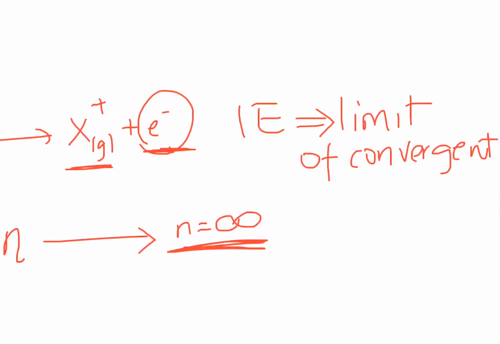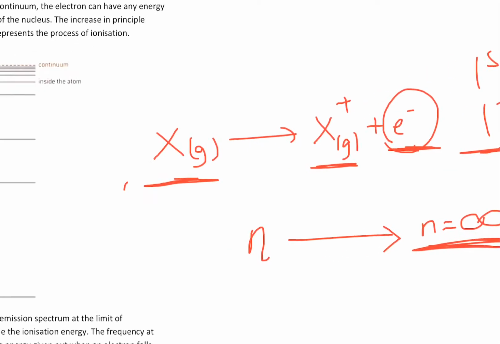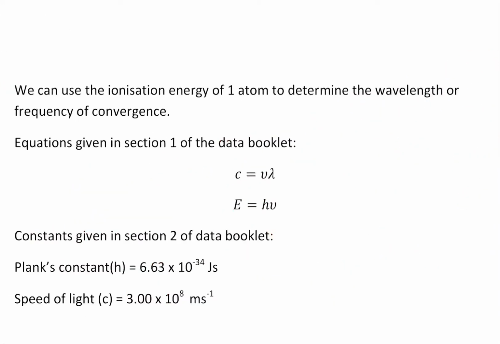So from the first ionization energy, we can know the minimum amount of energy required to remove one electron from the atom. We're going to use that in calculations.